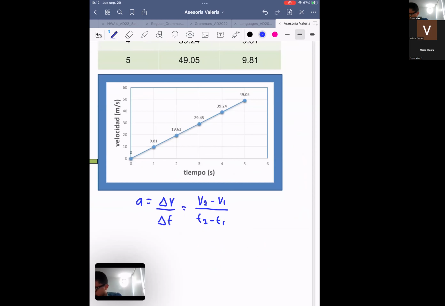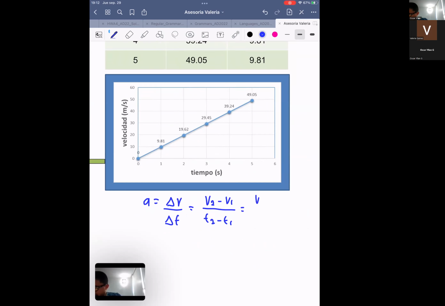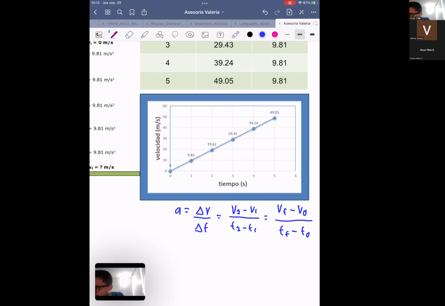In physics, generally they put it as final velocity minus initial velocity, and final time minus initial time. That is the acceleration, and you know the acceleration is constant because the rate of change is always going to be the same, like in this plot.